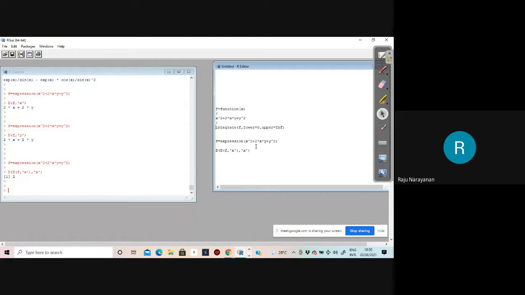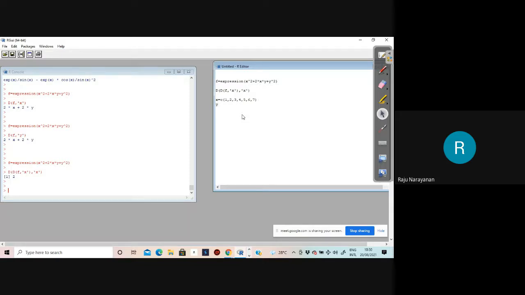Somebody asked about graphs with so many things. Let me do that. Let us take some dummy values. X is equal to c(1, 2, 3, 4, 5, 6, 7).